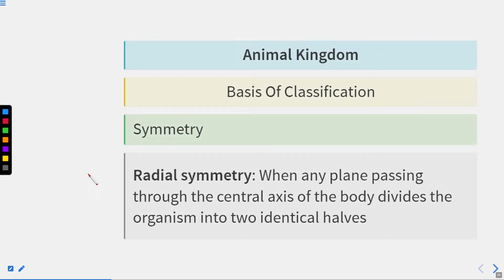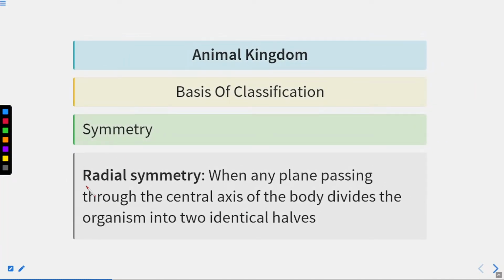Okay. Next is the radial type, radial symmetry. So when any plane passing through the central axis of the body divides the organism into two identical halves, right? You can divide the organism into two identical halves by a number of planes.